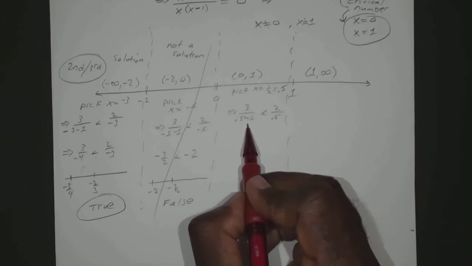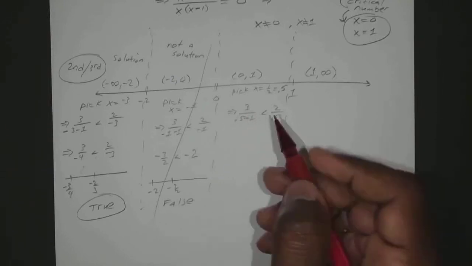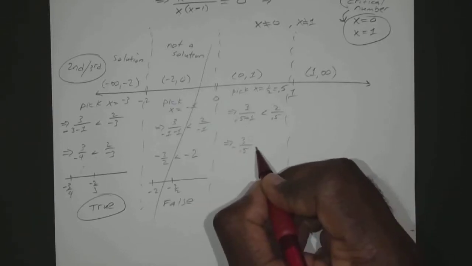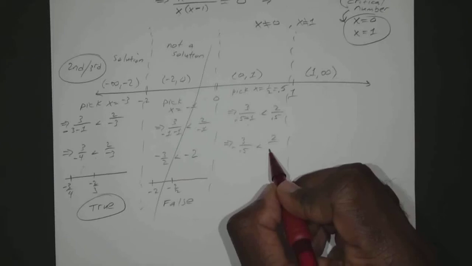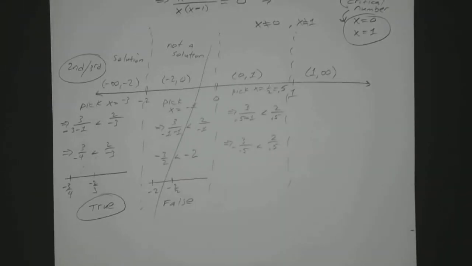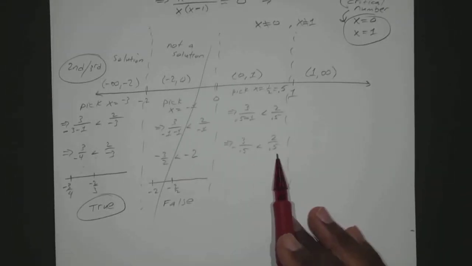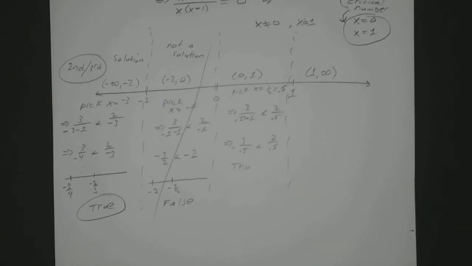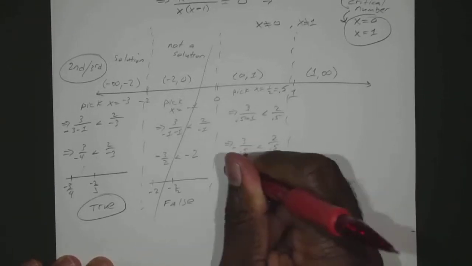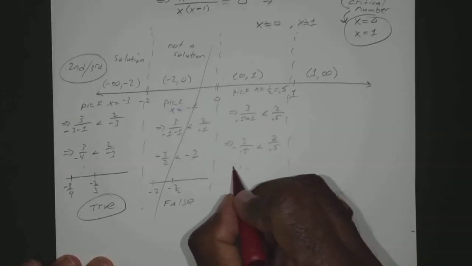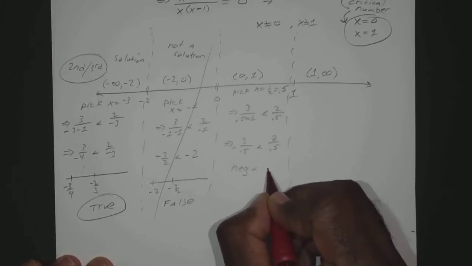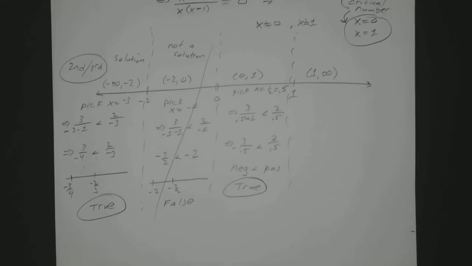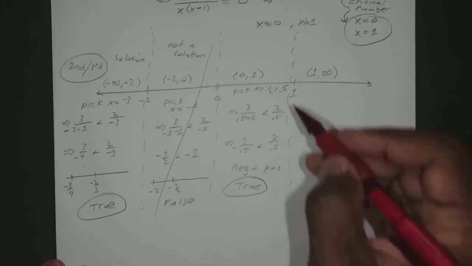So here we have 3 over negative 1/2, or negative 0.5, which is less than 2 over 0.5. Okay. So you have a negative, which is less than a positive, which is true. Oh, let me write that out. Negative less than a positive, which is true. Okay. So we know that this is part of our solution.